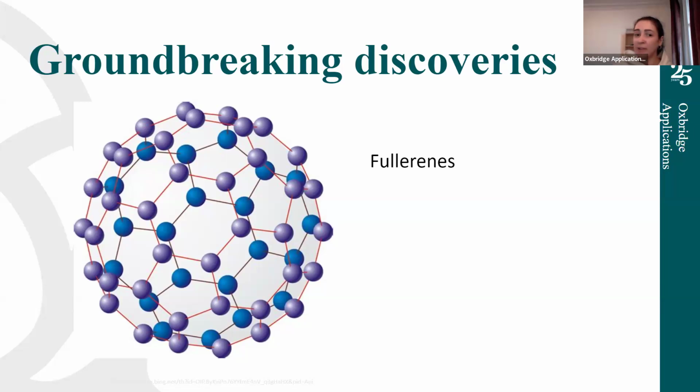So fullerenes, like the Buckminster fullerene, can be naturally occurring. For example, it's sometimes found in soot. And the Buckminster fullerene, the most common one, has 60 carbons. And it forms this kind of alternating hexagon and pentagonal shapes, such that no two pentagons are touching each other.